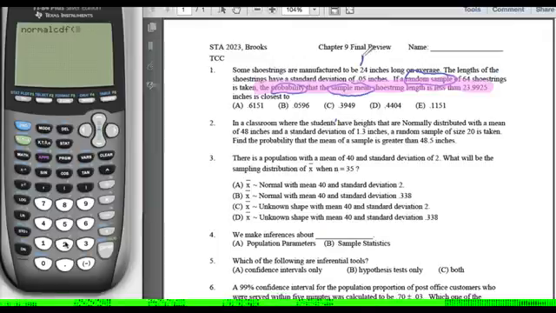These shoestrings, all of them are manufactured to have a mean of 24 inches. And the lengths have a standard deviation of 0.05. This 0.05, this is my sigma. This is not referring to a sample. This is referring to all shoestrings. So because of that information, I can use the normal distribution. I can use normal CDF.